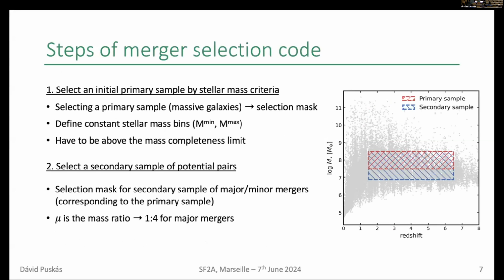Now I'm going through the steps of my selection code. First, we are selecting a primary sample corresponding to the massive galaxies, and we are looking at the space around these galaxies to look for satellites.